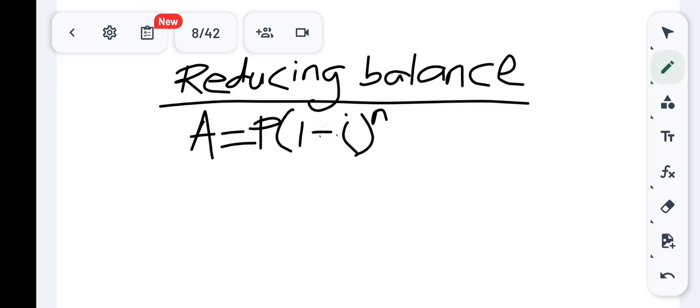A is still your scrap value or book value, P is your principal or original amount, i is the interest rate, and n is the period.